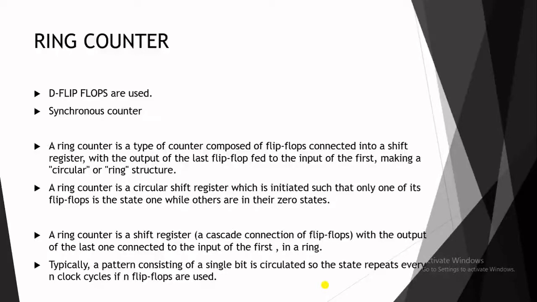So here in this ring counter we use 4 flip-flops, so 4 clock cycles are used to repeat the state. The state repeats every 4 clock cycles in a ring counter if we use 4 flip-flops. Understood?